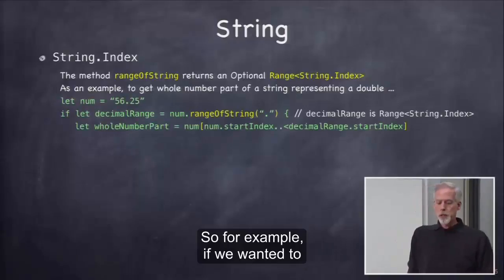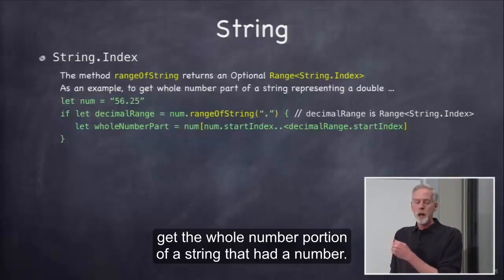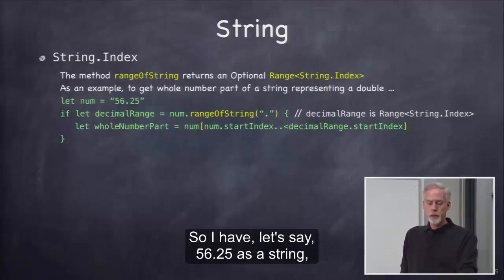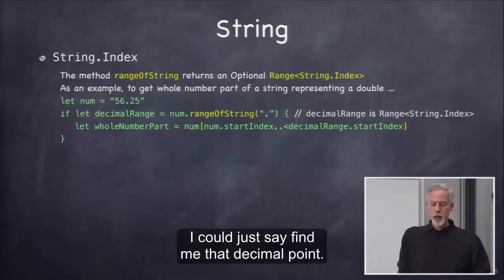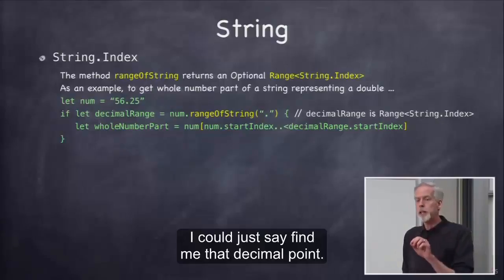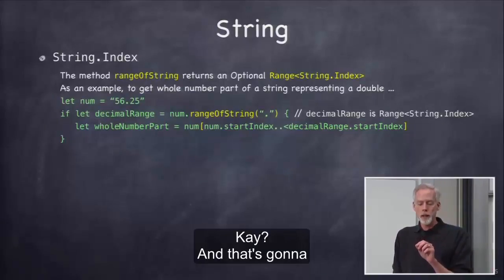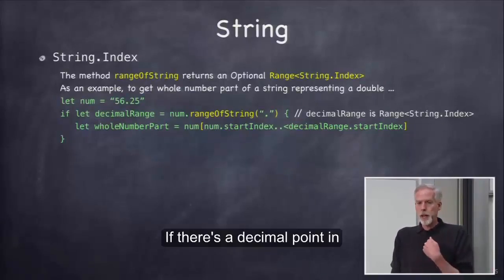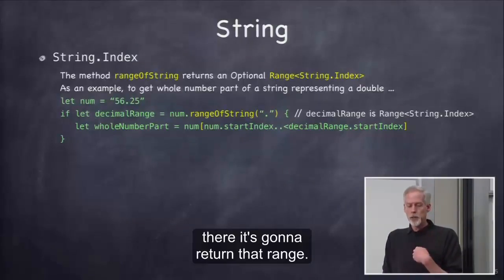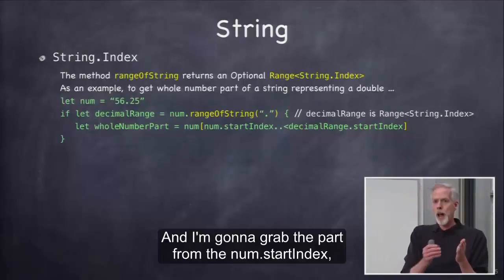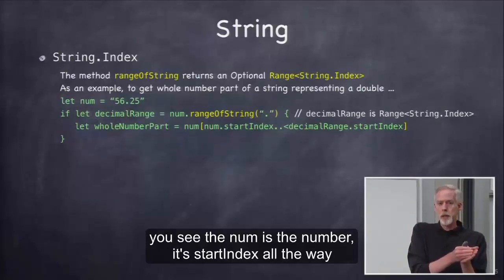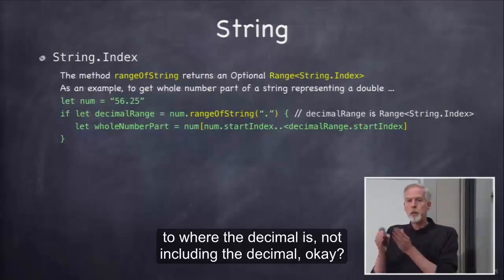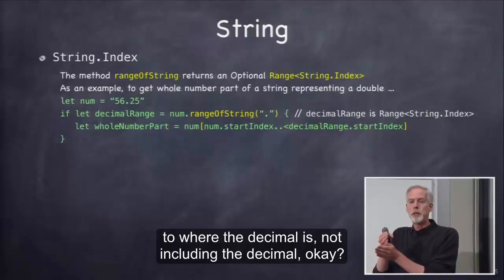So for example, if we wanted to get the whole number portion of a string that had a number, so I have, let's say, 56.25 as a string, I want to get the whole number part, I could just say, find me that decimal point, and that's going to return a range, if it can find it, if there's a decimal point in there. And I'm going to grab the part from the num's start index, you see the num is the number, its start index, all the way to where the decimal is, not including the decimal.